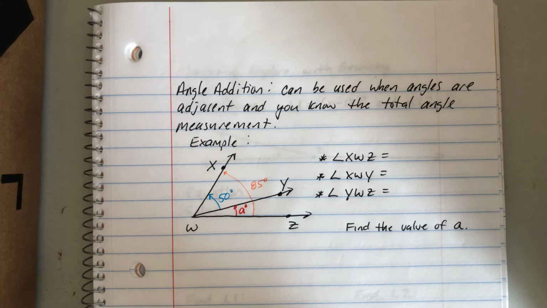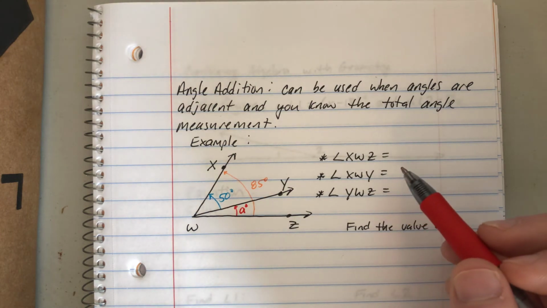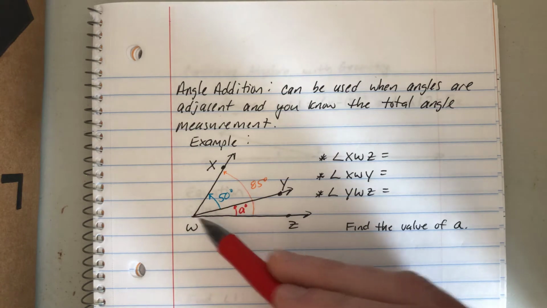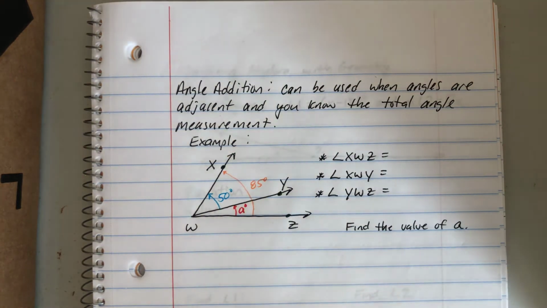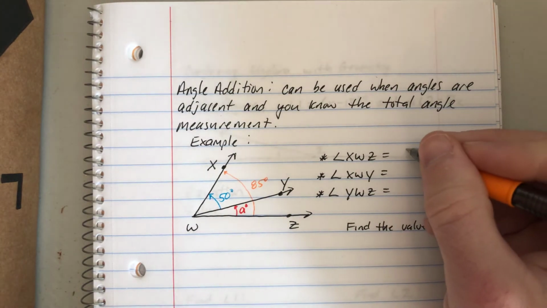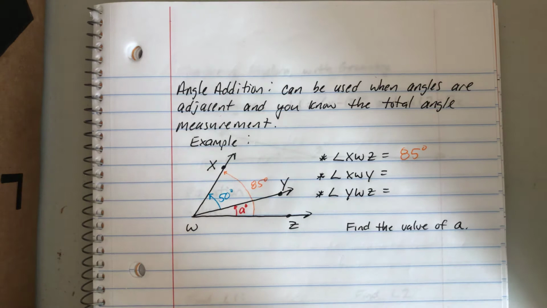Okay, so I assume you drew the picture out. Here in this picture we have angle XWZ, which is this entire angle XWZ, and in the picture it's labeled as 85 degrees. So I'm just going to label it over here as well so we have all of our information organized. XWZ is 85 degrees. This is kind of the given information.